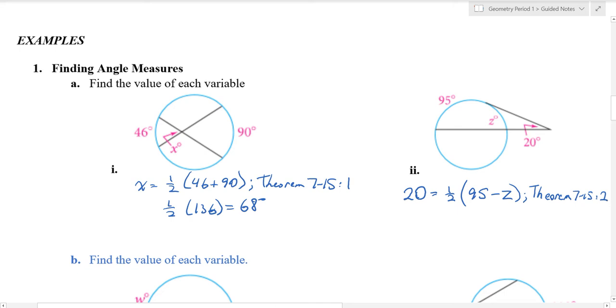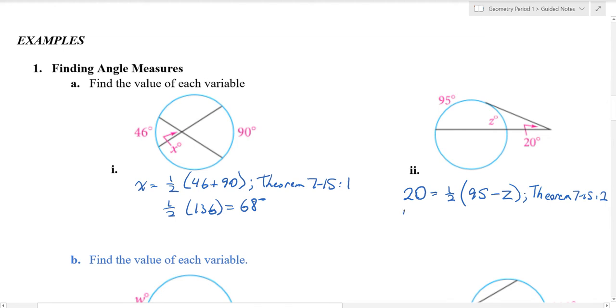Now it's just algebra. We have here a fraction of 1/2, and I want to get rid of that fraction before I keep solving. To get rid of that 1/2, I just multiply everybody here by 2.